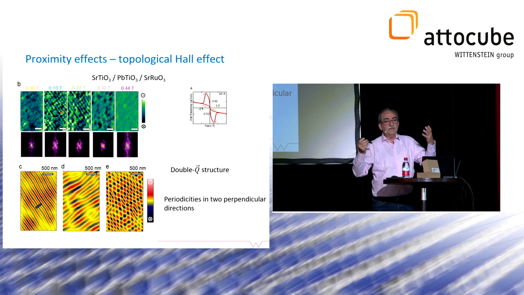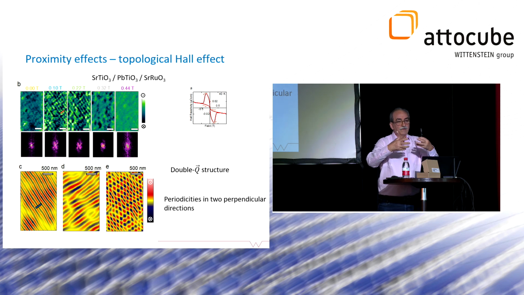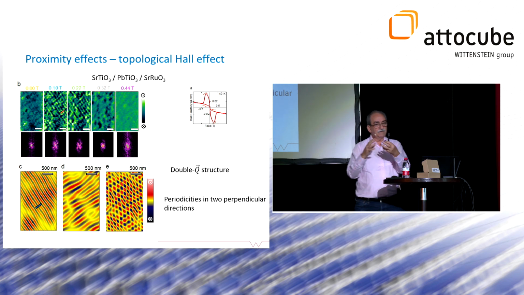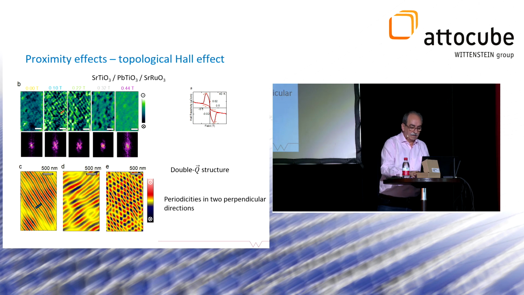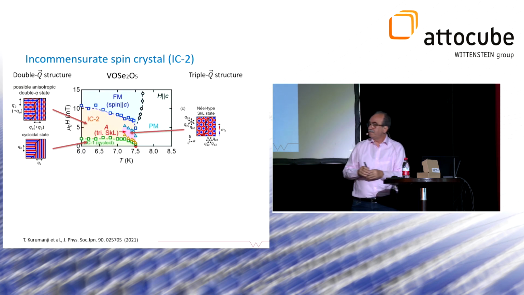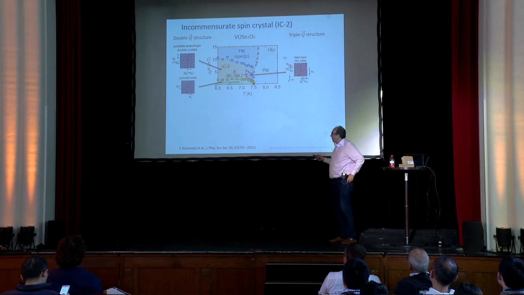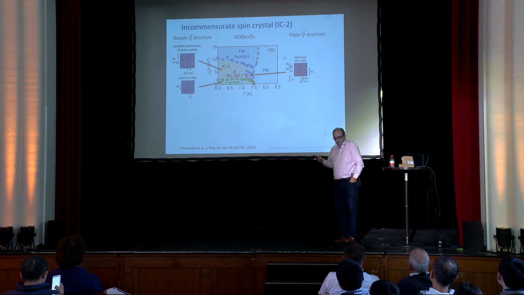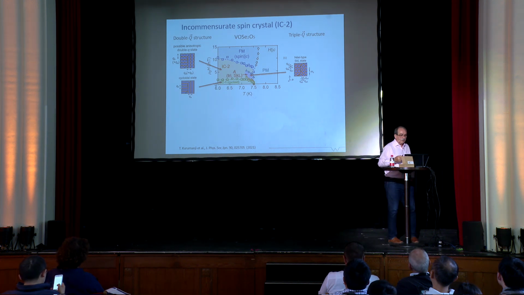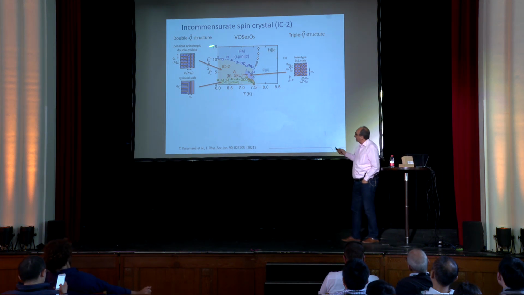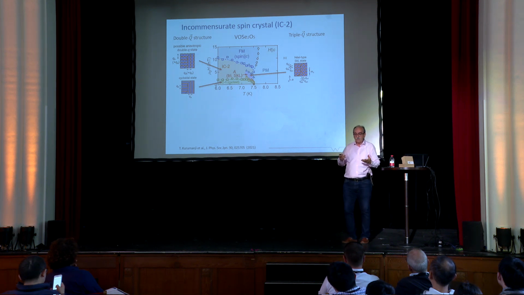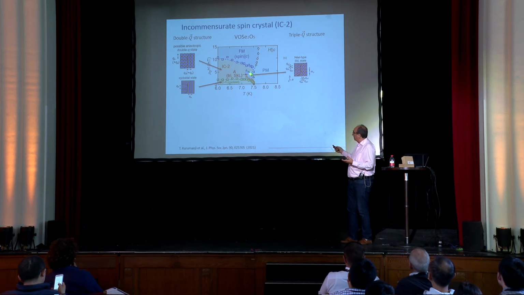The question is, what is this double Q structure? How do the magnetic moments arrange themselves into that type of double Q structure? Luckily enough, we had a work from Tokura's group showing that in a skyrmionic crystal, there is a phase diagram in which we have indeed a very small pocket of skyrmion.